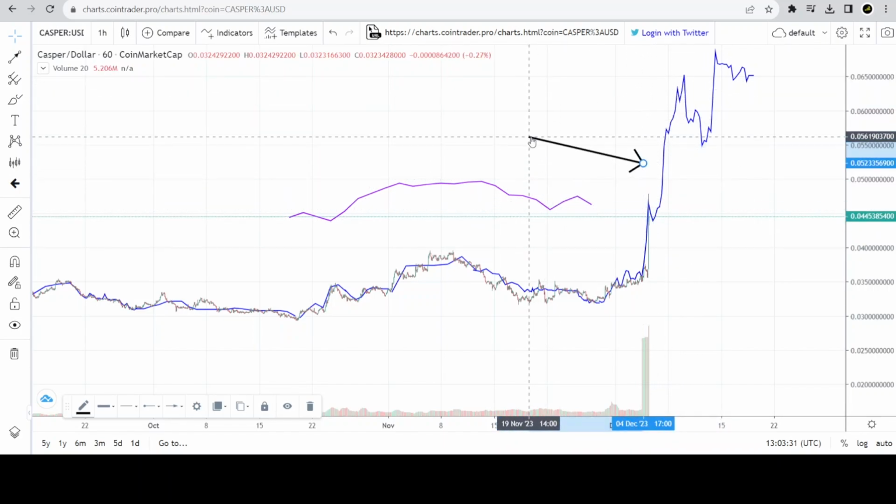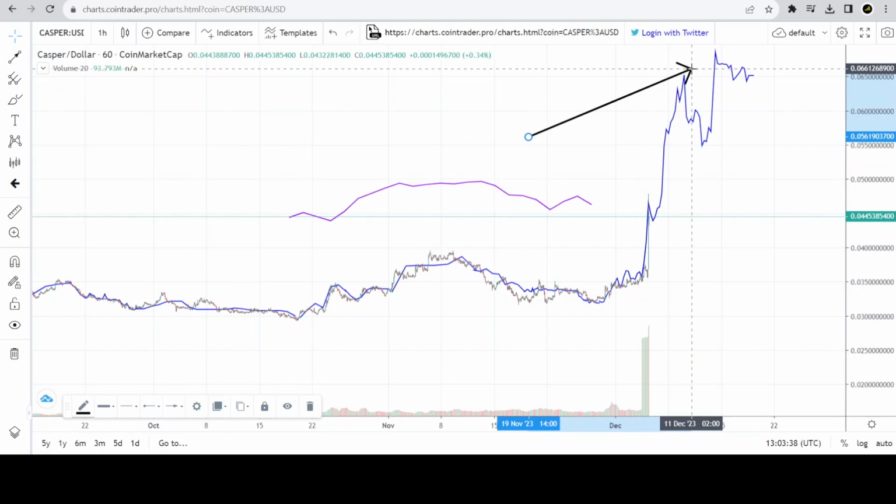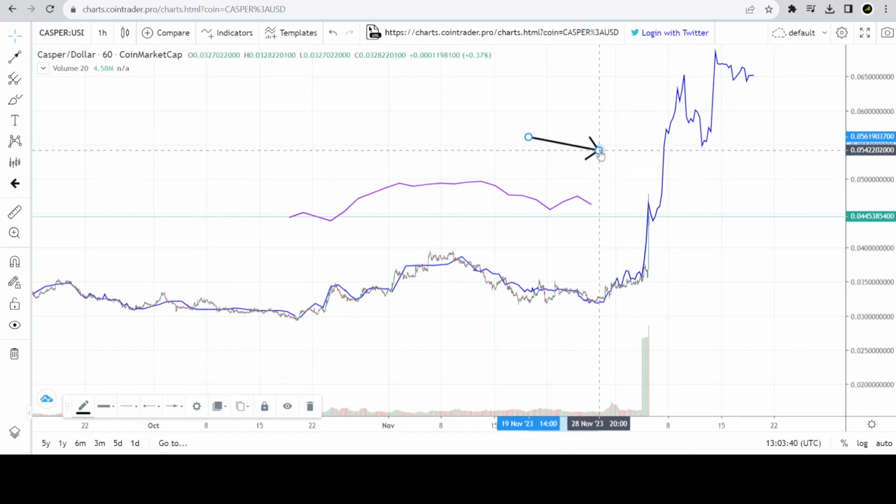Let's talk about this bull run. So I have created a bull run structure video. You can find it here. And that bull run structure video is good. However, it is most likely not going to get you to selling at the peak. And the reason why is Casper, especially near the end, is a really tricky structure. The Casper bull run structure is very difficult to navigate. Why do I say that? Well, I have been deep diving into the Casper bull run structure.